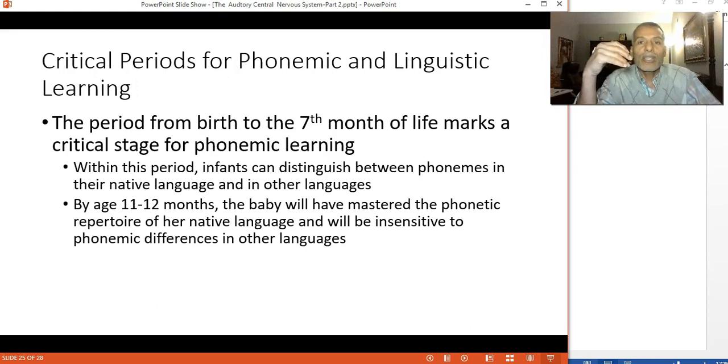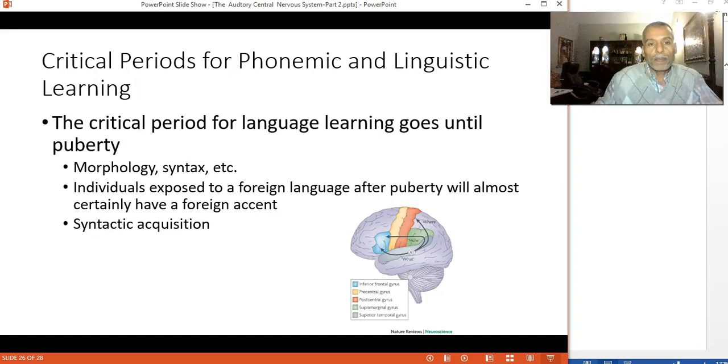These first few months are really critical. And I would hope that all of you make parents understand this, so that they can give the children the auditory stimulation and all other kinds of sensory stimulation that they will need at this period of time.